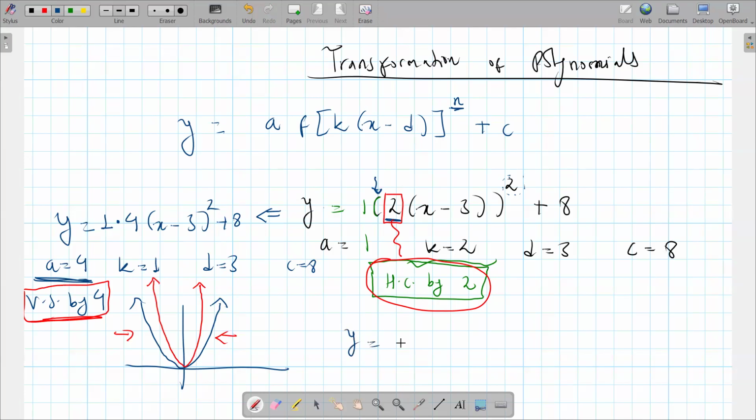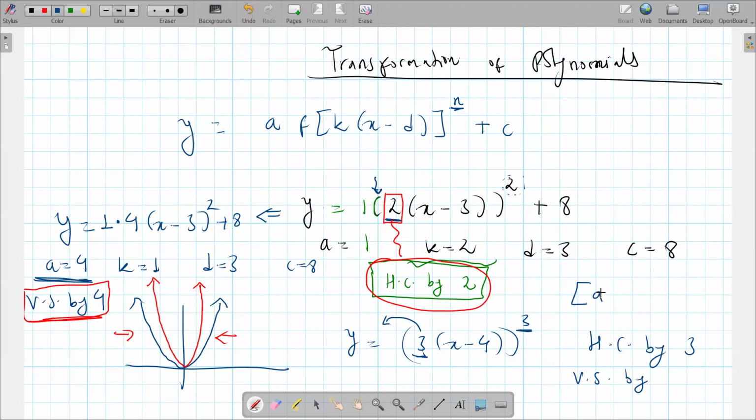Like for example, if you have 3x minus 4 to the power of 3, right? Right now it's a horizontal compression by a factor of 3. What is this a vertical stretch by? What's the factor? If you pull the 3 out, to pull this 3 out, all you have to do is take the power.